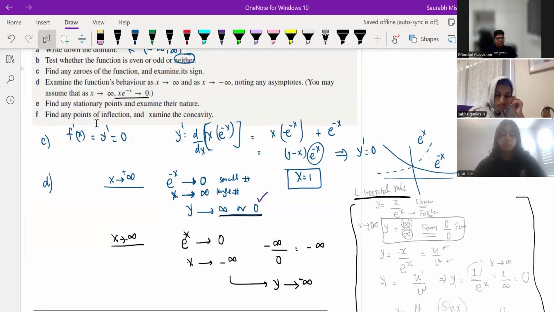Find any stationary point of the function and examine their nature. We already got a stationary point x is equal to 1. Now find their nature.